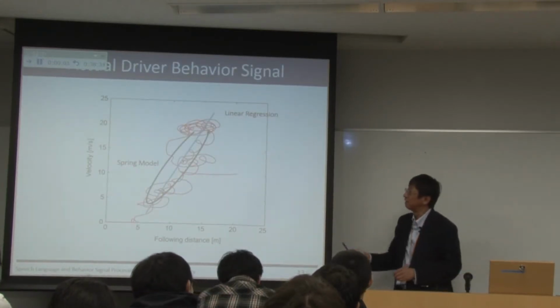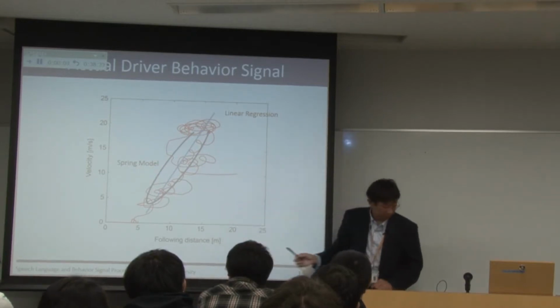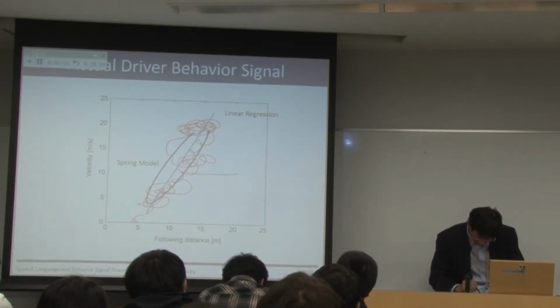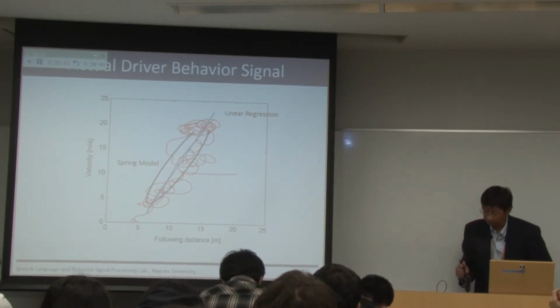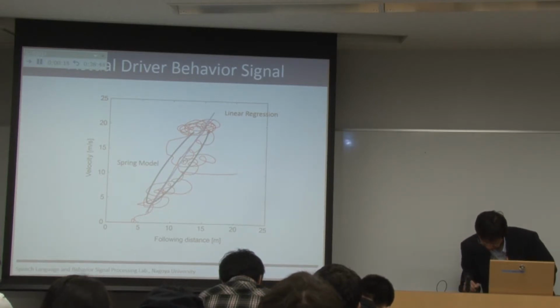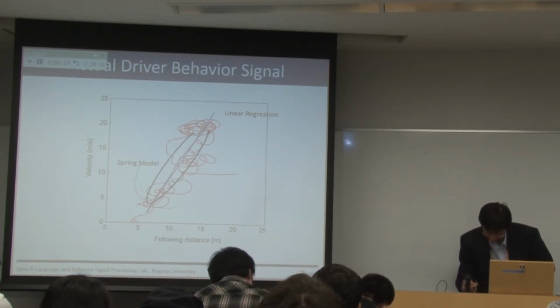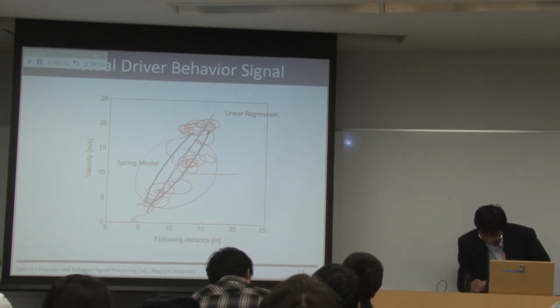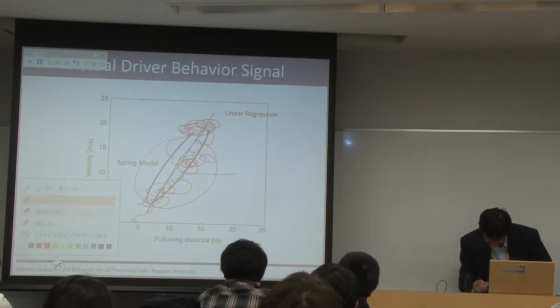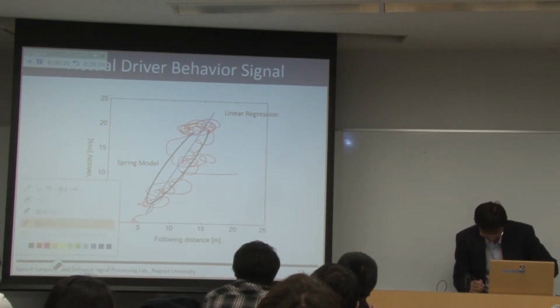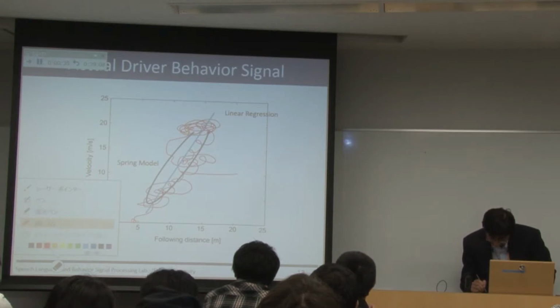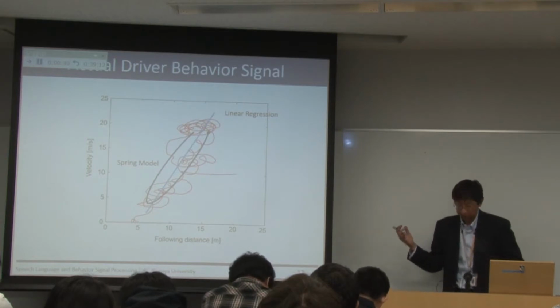And again, here is a simple linear relation, but it does not exactly describe all of it. You can also see some rotational trajectories, but they are not big, only very small ones like this, which means that locally the damping spring model works, but it doesn't represent the global behavior of the driver.